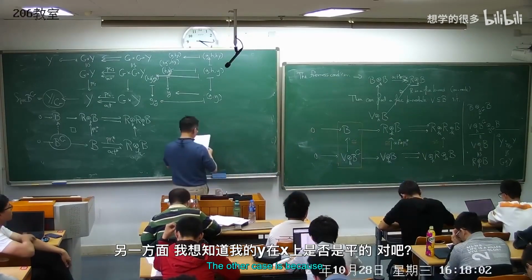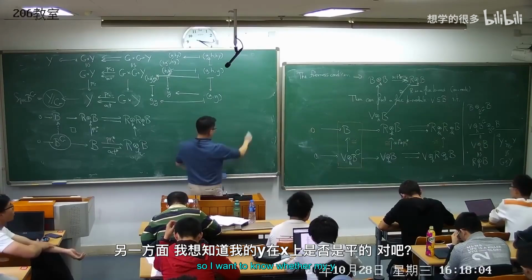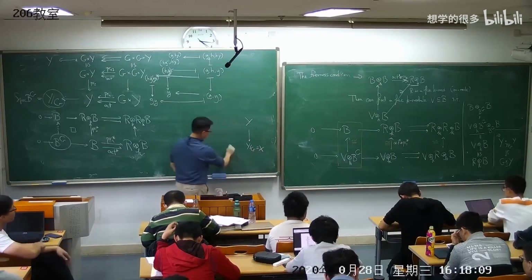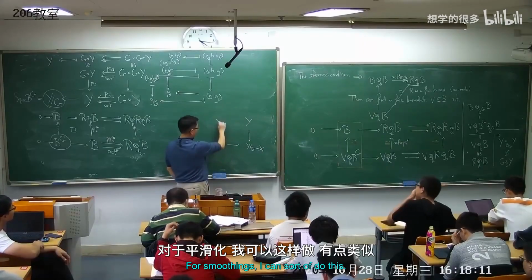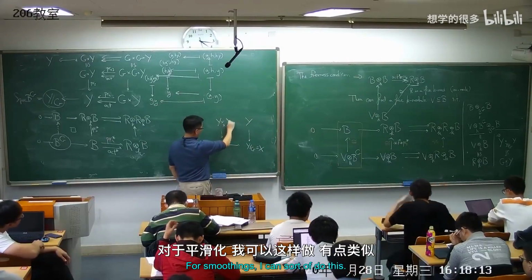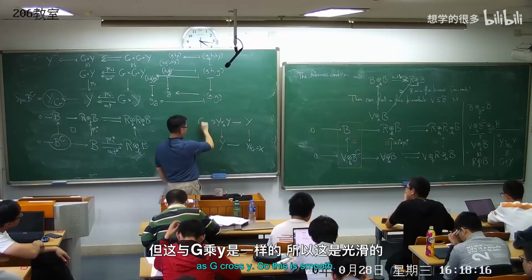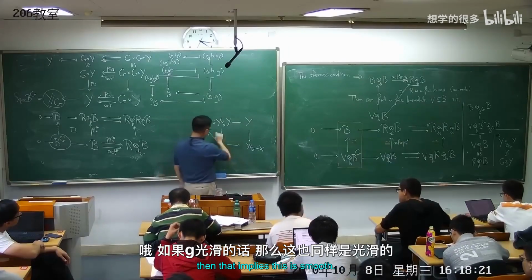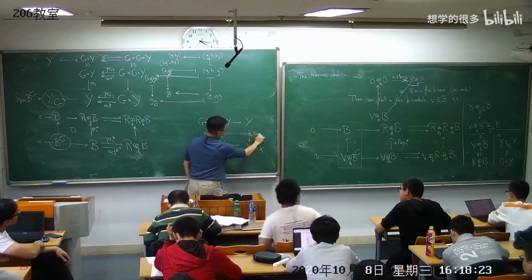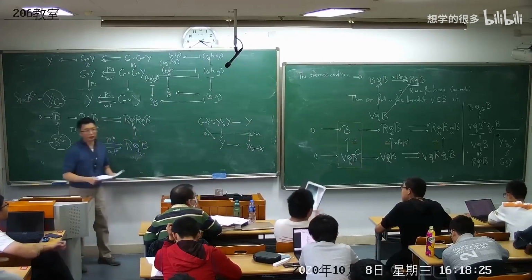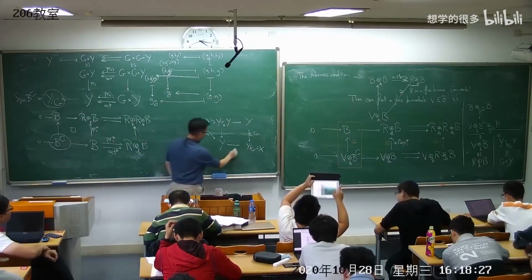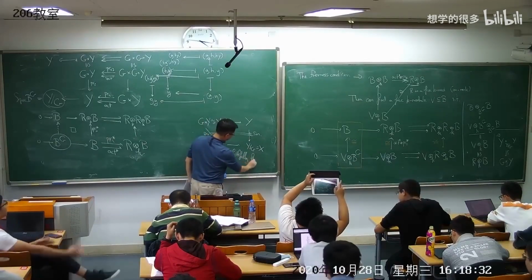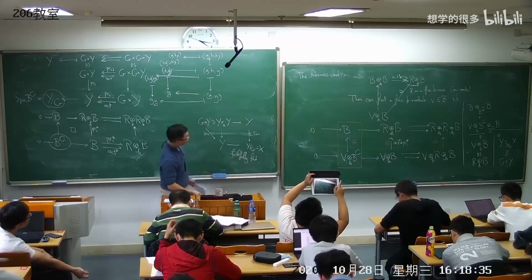I want to know whether my Y is flat over Y over G, which is my X. So for smoothness, I can do this, but then this is the same thing as G cross Y. So if G is smooth, then this is smooth. But basically flat descent.